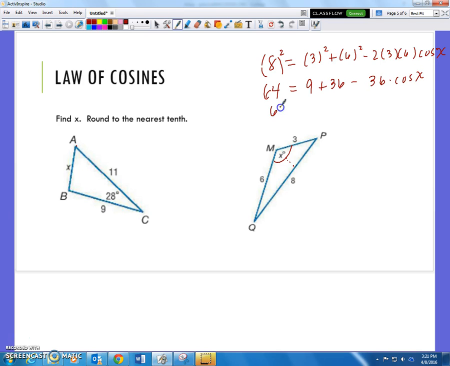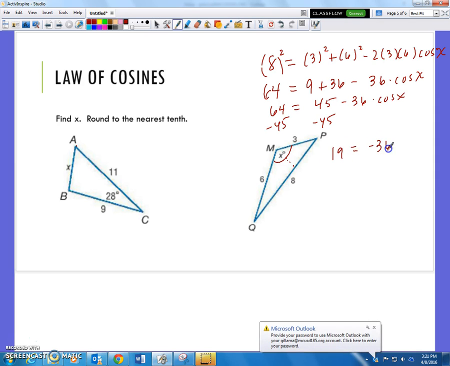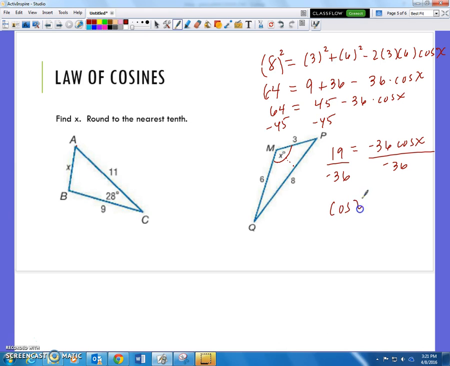And so it's got 64 equals 45 minus 36 times cosine of x. And looks like we're going to get a negative value here. And so the cosine of x equals negative 19/36.